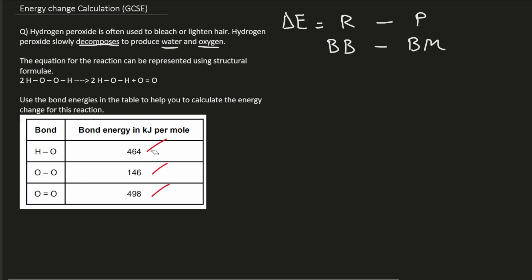So with that in mind, let's work out what each of them are, just so that it's clear for you. I'll do the reactants first. So I'll write it out again: 2HOOH. So what's being broken here? We need to know, because we need to break all of these bonds.